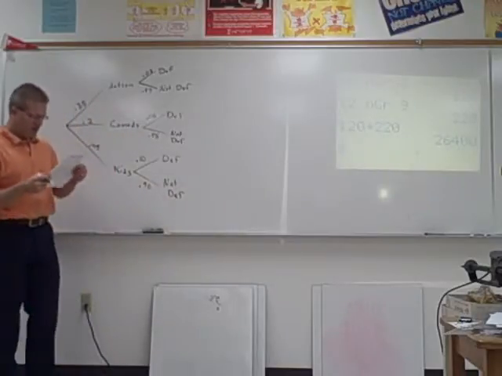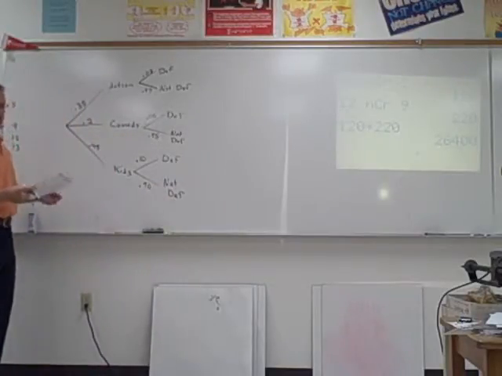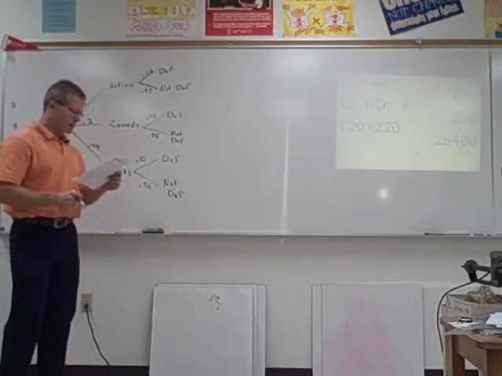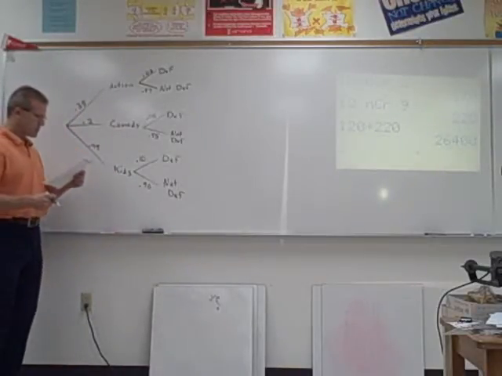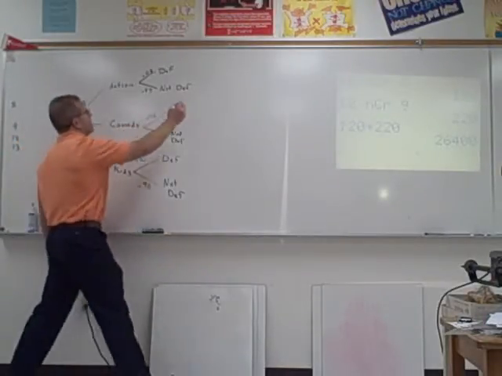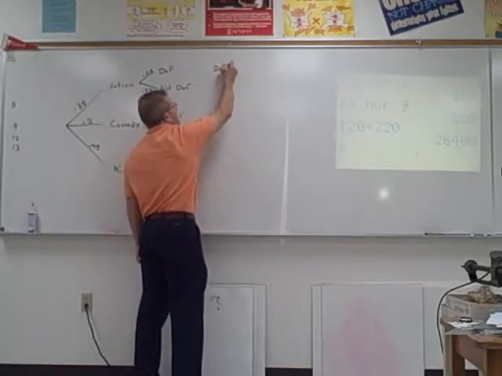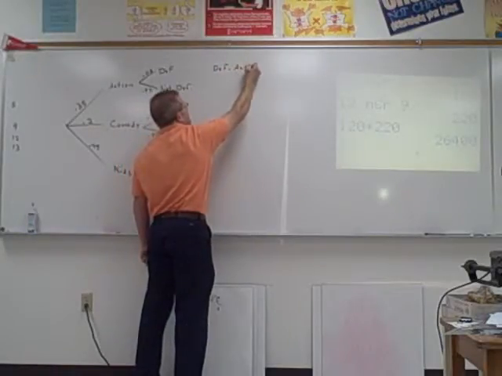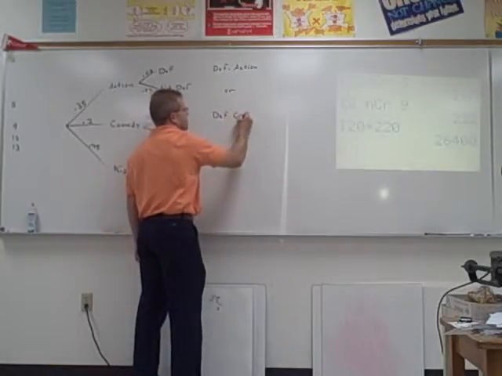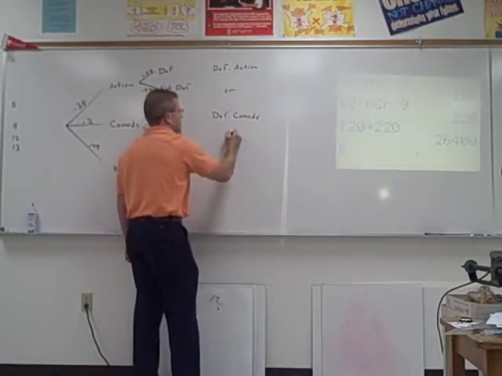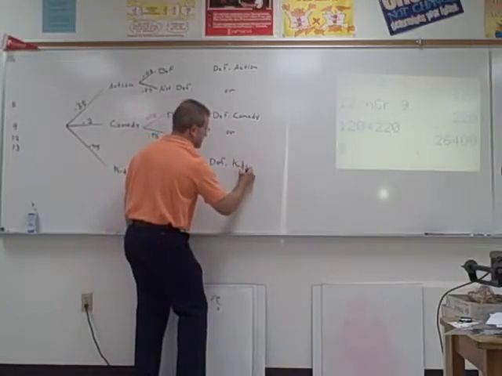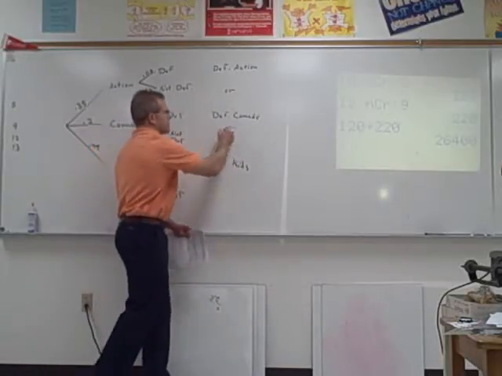The question is, if a person randomly selects a movie, so you go into the movie store, you pick a movie randomly, what is the probability it will be defective? So it could be that you're going to get a defective action movie, or a defective comedy movie, or a defective kids movie. You could get any of those three.